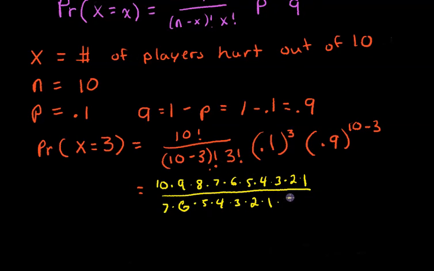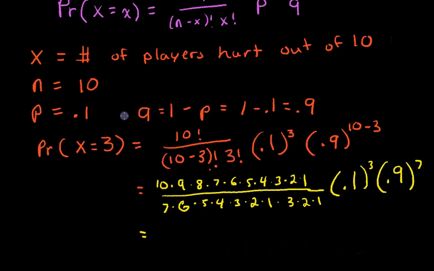And then 3 factorial is 3 times 2 times 1, times 0.1 to the third power, times 0.9 to the 7th power, since 10 minus 3 is 7.